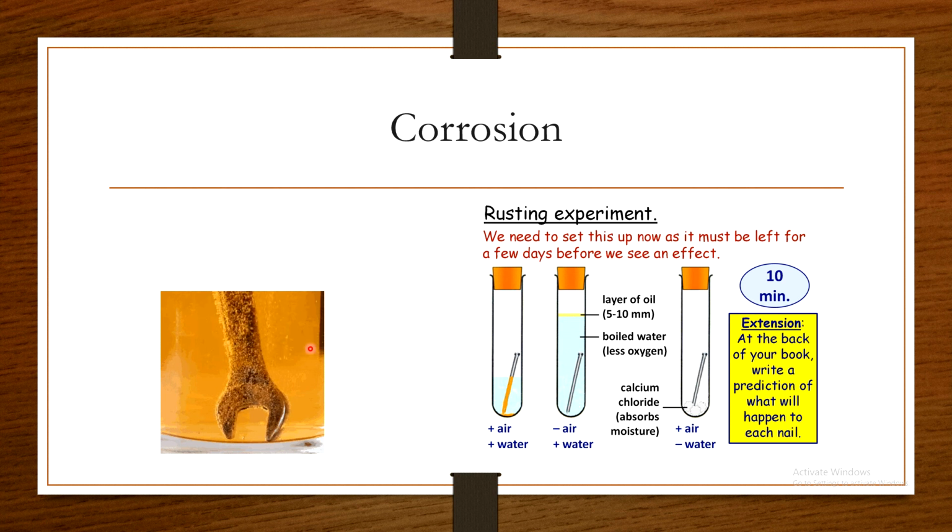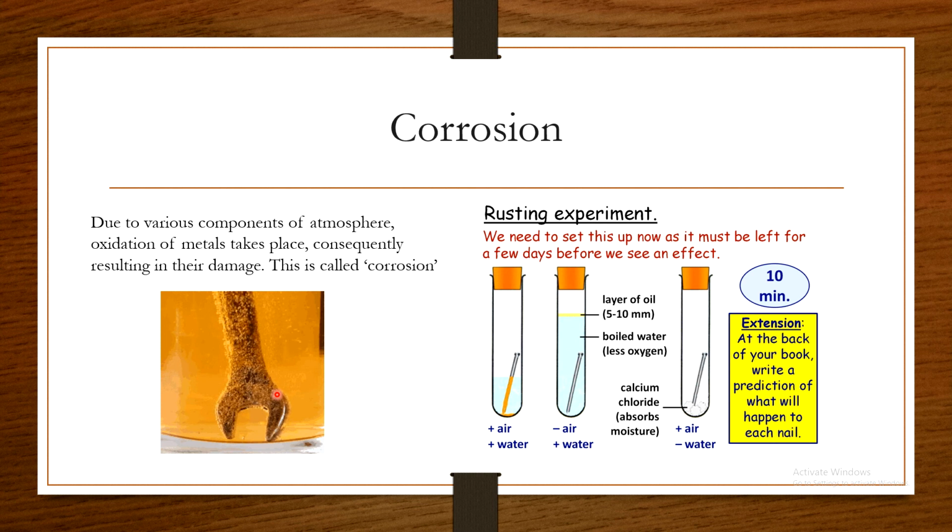Corrosion can happen on any substance, which may be a metal. Due to various components of the atmosphere, oxidation of the metal takes place and consequently damages the material. This is known as corrosion.